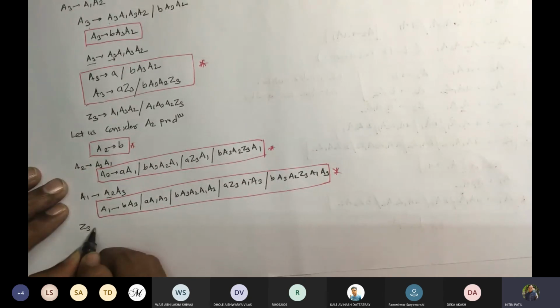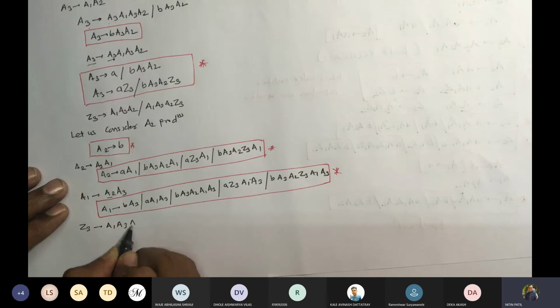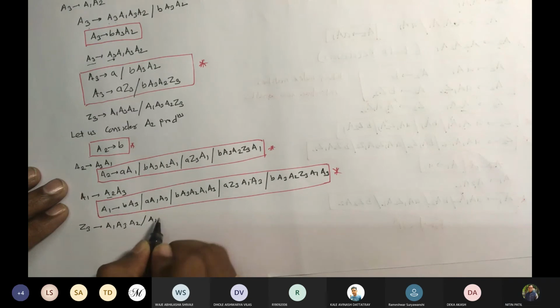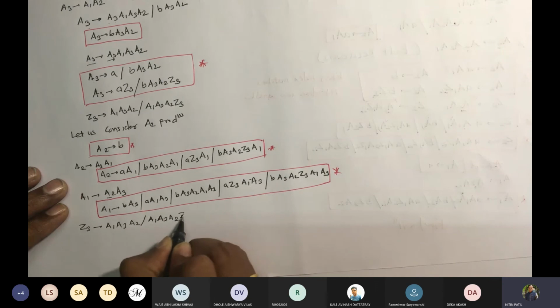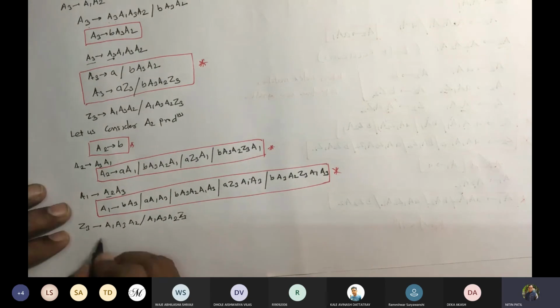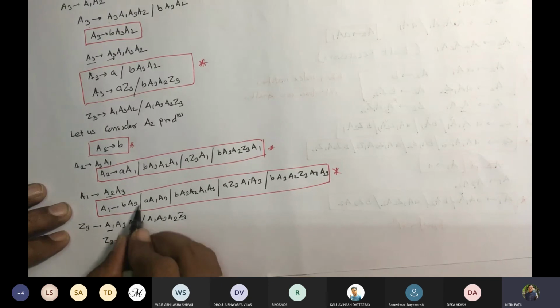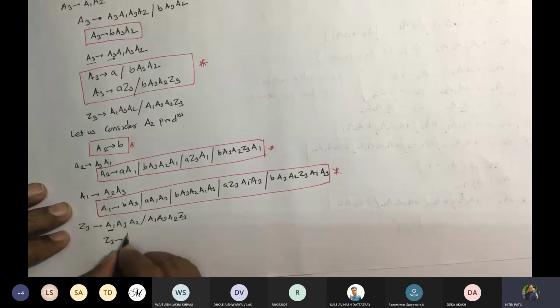Write them. So we have Z3 gives A1 A3 A2 और A1 A3 A2 Z3. तो उसको लिख देते हम. So Z3 gives, अभी ये पांचों यहाँ पर डालेंगे in place of this A1. So you have to add A3 A2 towards the end of each of these. So कैसे लिखेंगे?